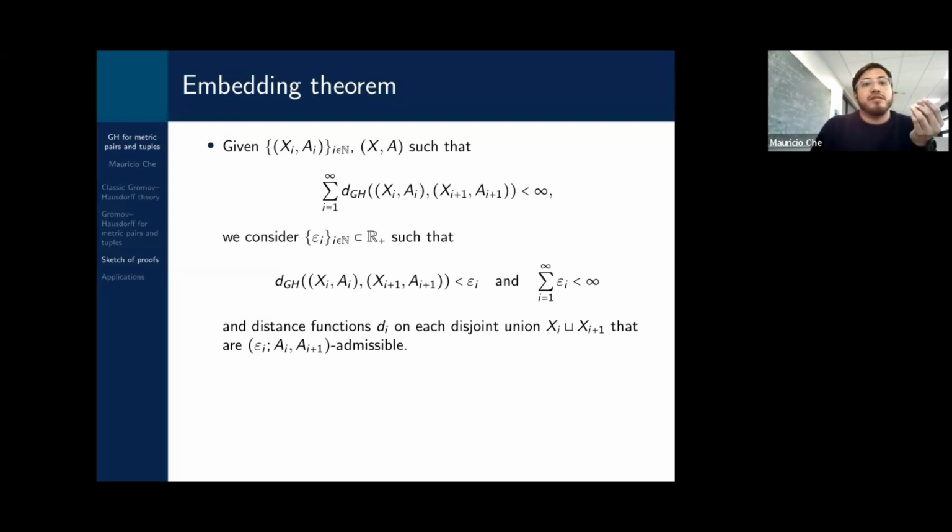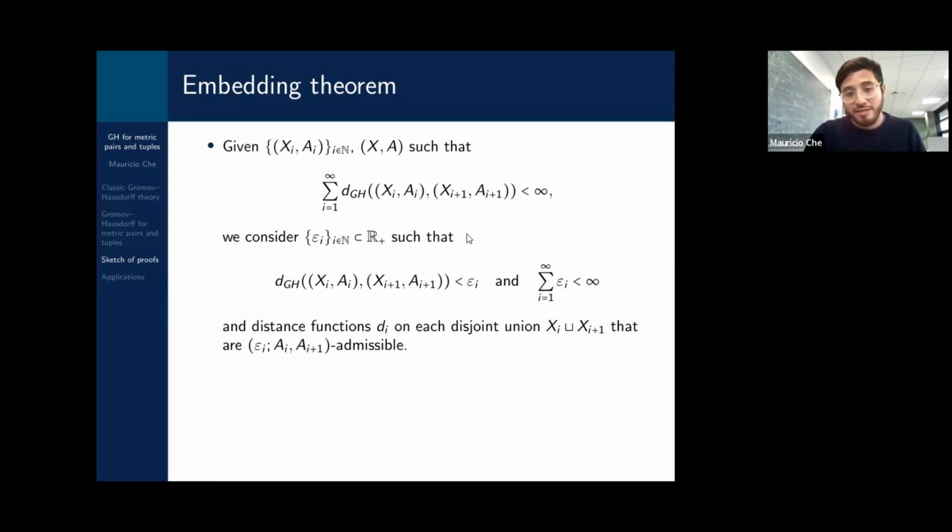we basically want to, if we start with a sequence that satisfies this condition here, prove that there is some larger space into which this sequence is embedded. So in order to do that, we choose positive numbers epsilon_i such that the distances between consecutive pairs are less than epsilon_i, and such that the series of epsilon_i is finite.